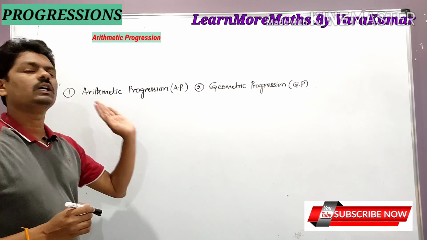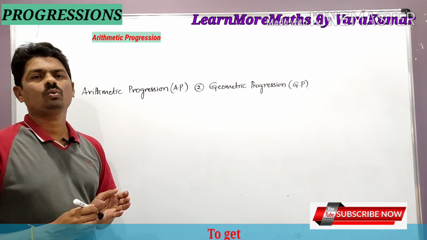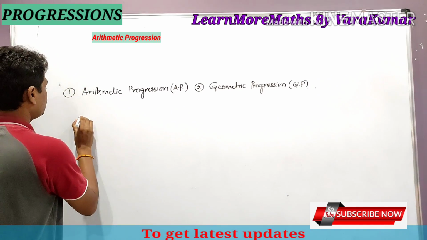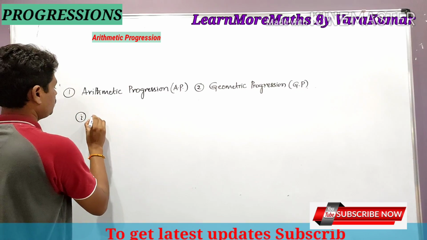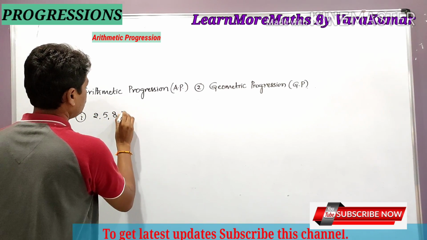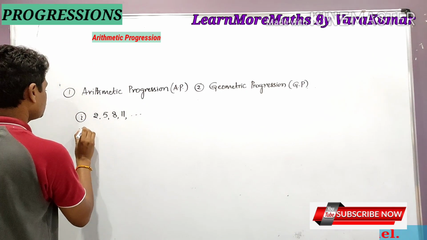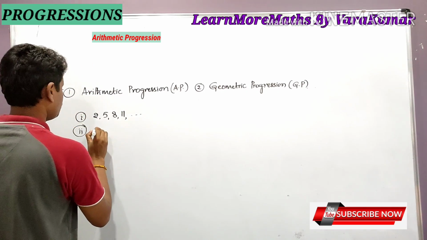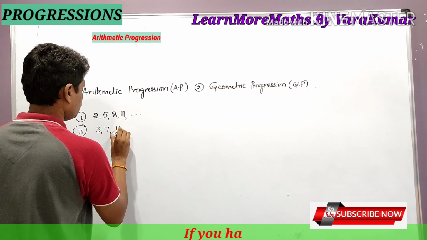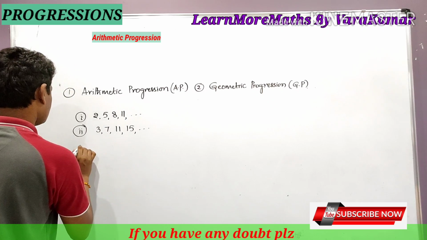So first we have to learn about arithmetic progression. So what is arithmetic progression? Before that, student, I am writing some lists of numbers here. See, 2, 5, 8, 11 and so on. Next, one more list of numbers: 3, 7, 11, 15 and so on.